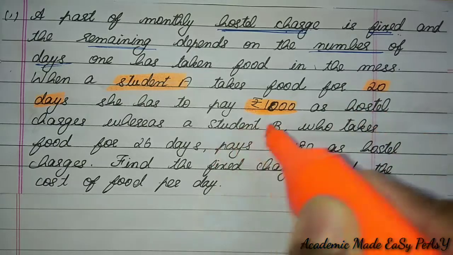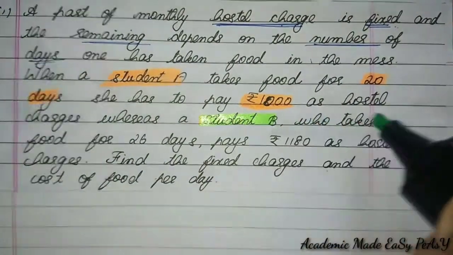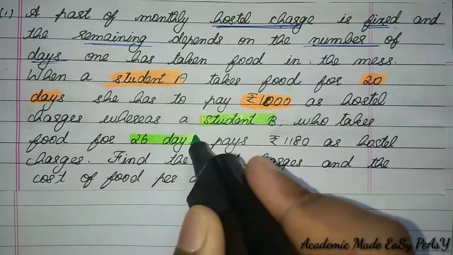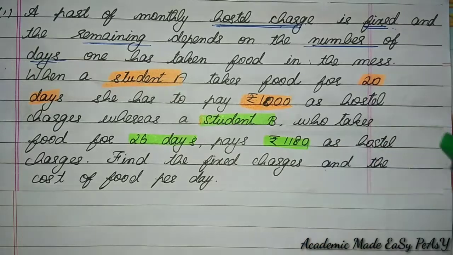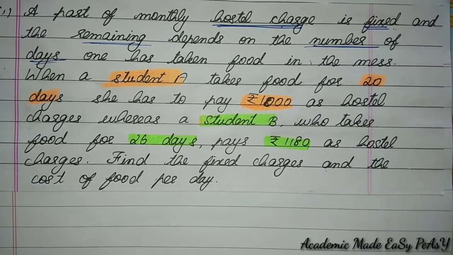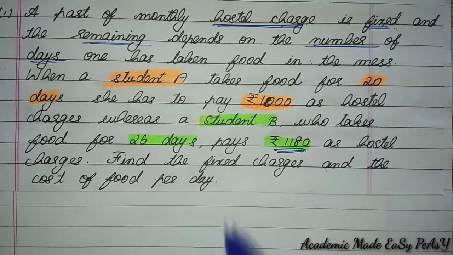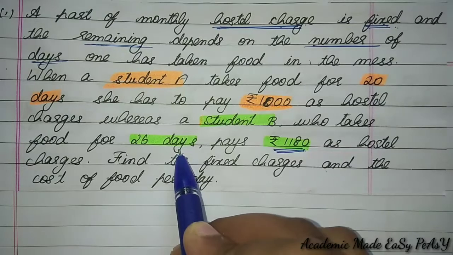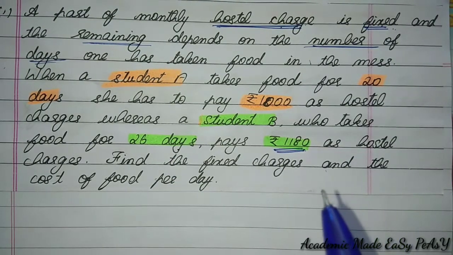Next, student B who takes food for 26 days pays 1180 as hostel charge. So 1180 is the hostel charge, and the fixed charge and this food charge we will be calculating.